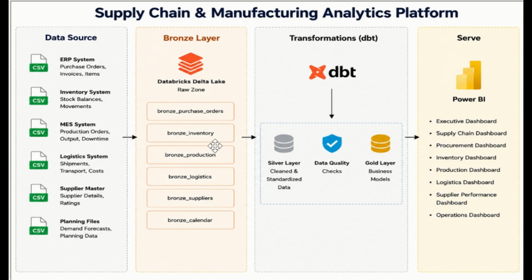Then from this layer within Databricks, we shall use DBT to create another layer where we do all the data transformation, and this layer will contain the cleaned and standardized data. This is what we call the silver layer.